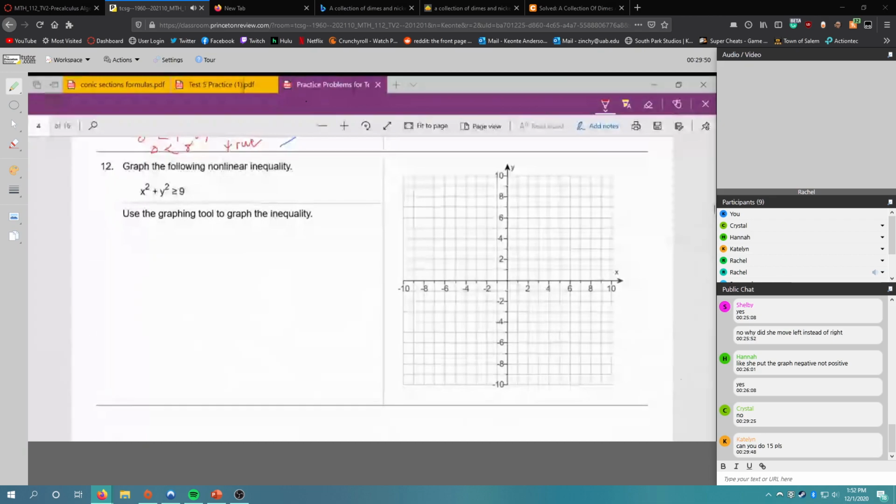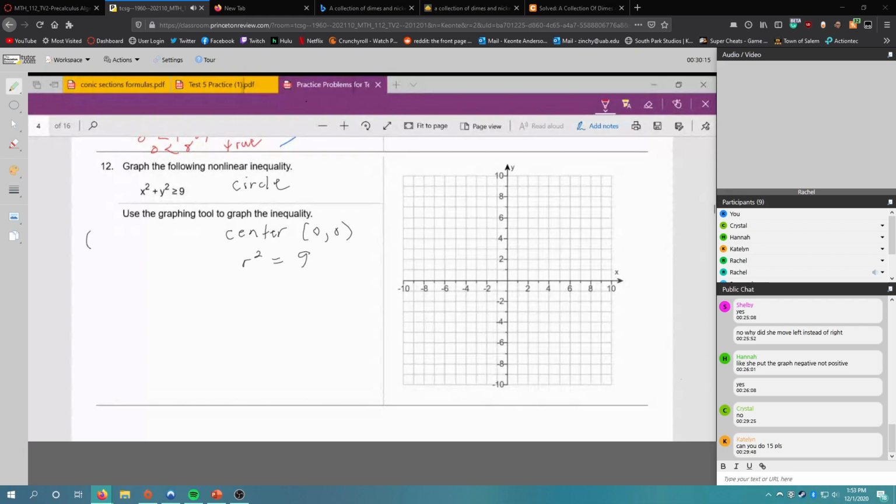This one's really easy. This is a circle because of the x squared, y squared. And because you should know it's a circle because it's x squared plus y squared. The center is at 0, 0 because there's not an h and a k. And the radius squared is 9.